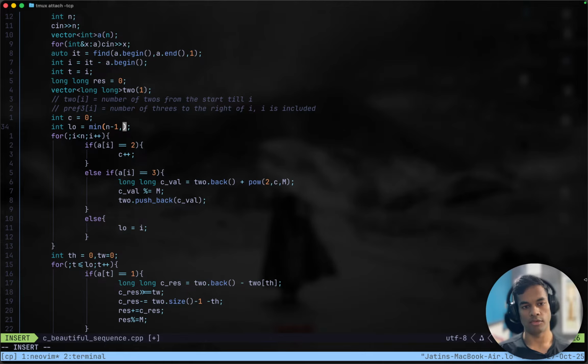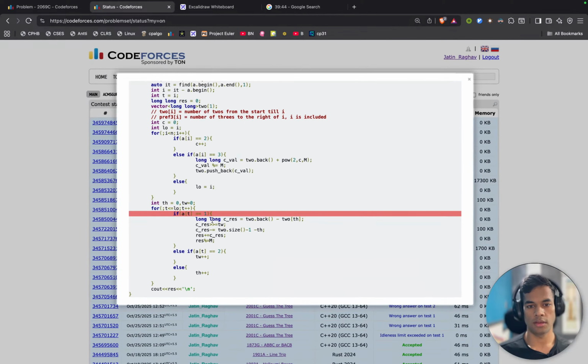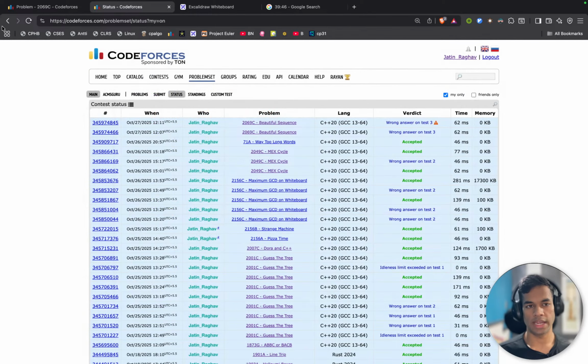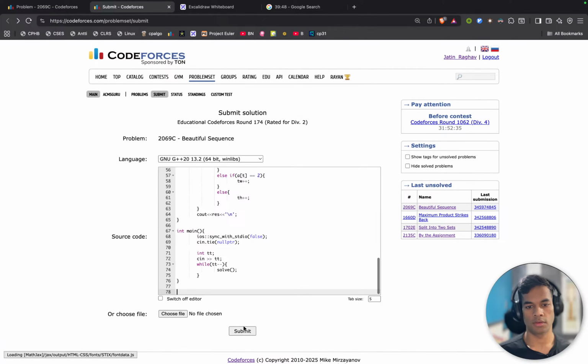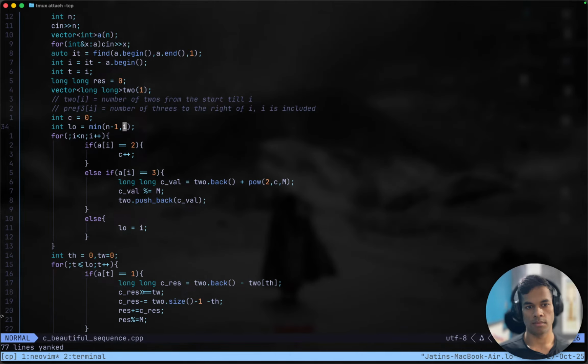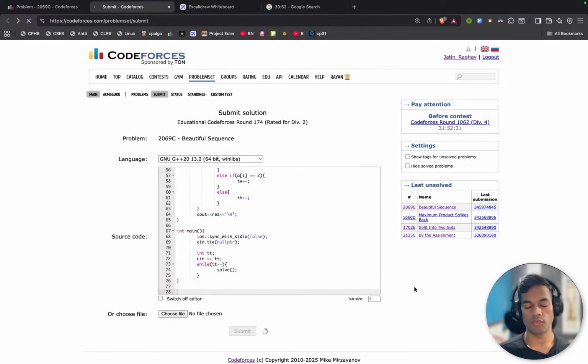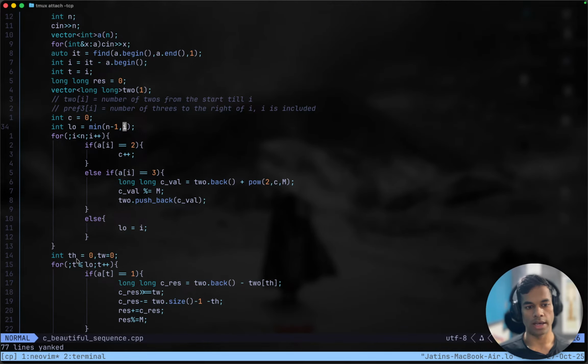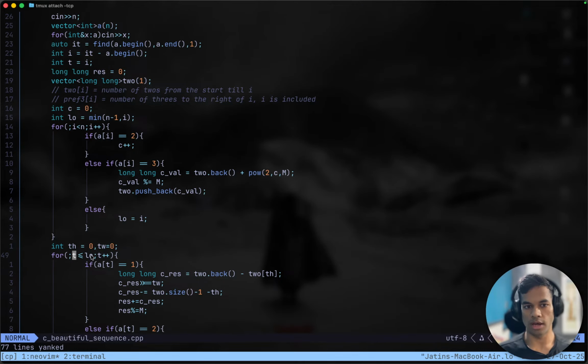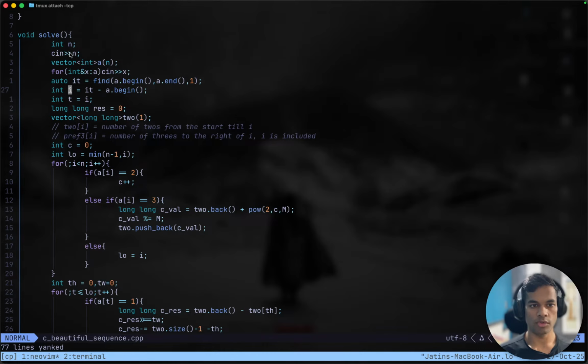Minimum of n minus 1 or I. If that is the error, if there is no 1 in the whole thing, then IT would be pointing to the last element, because here IT would be equal to a dot end and I would be equal to n.